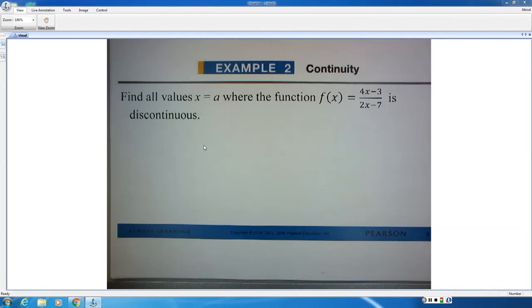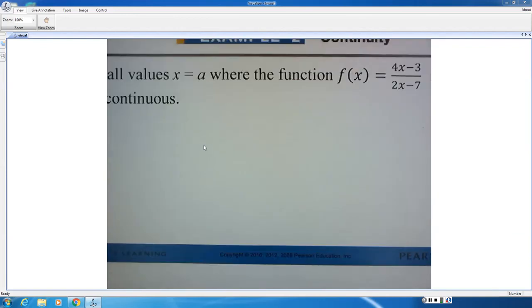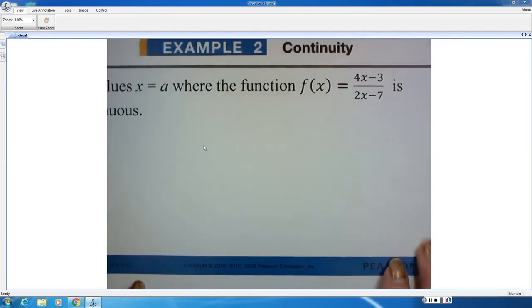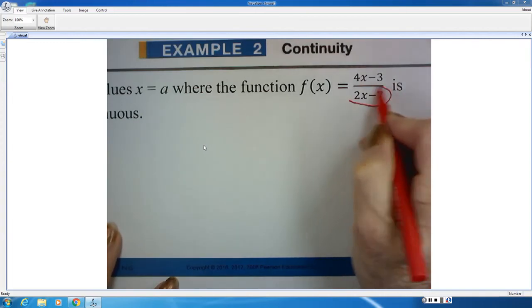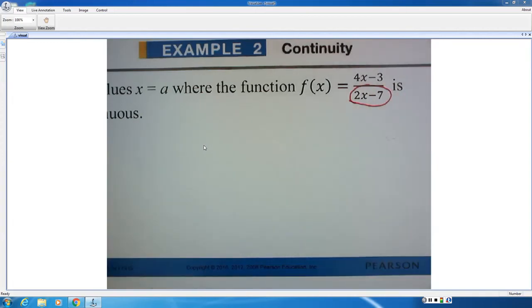What are we worried about here? We're worried about an asymptote. Asymptotes happen when you divide by 0. We cannot allow x to take on a value in this function that would cause us to divide by 0. So in order to find out where that might happen, we try to find the number for x that will let us divide by 0 by setting 2x minus 7 equals 0.